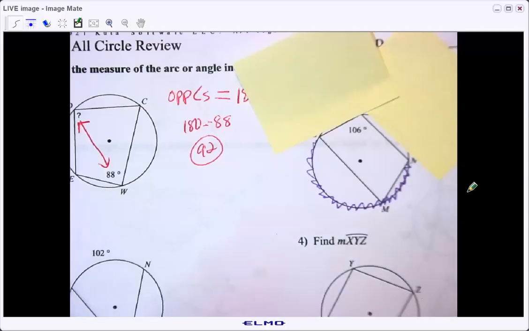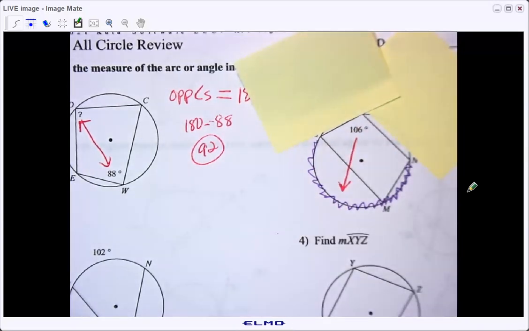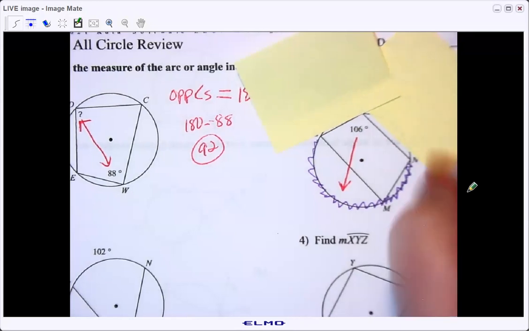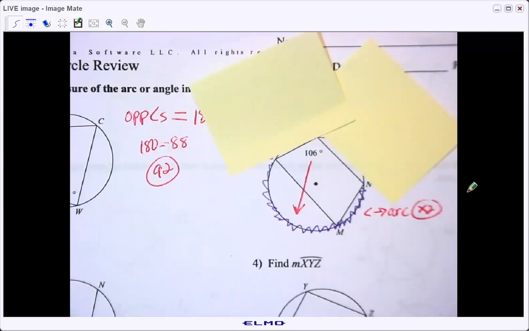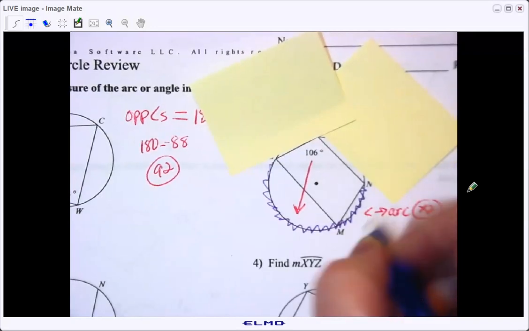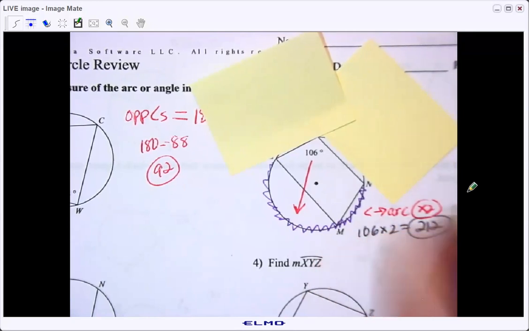This is a straight angle to arc. Good. Angle to arc. We multiply by 2. That's it. So 106 times 2 is 212. You're done.